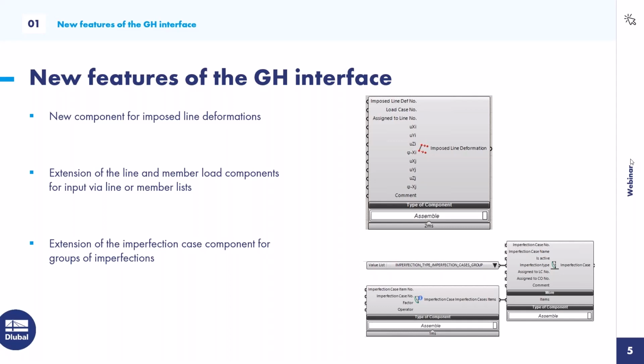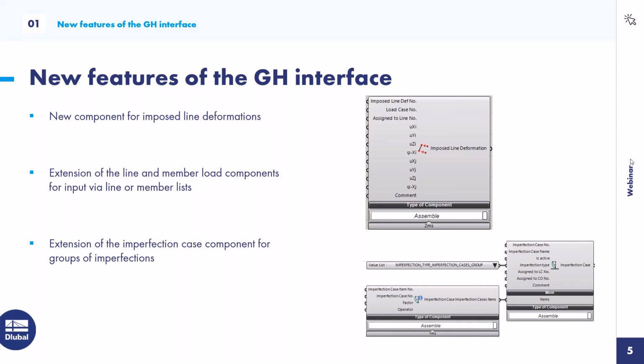The first feature that I want to introduce is a new component for the imposed line deformations. This was recently, I think 1 week ago, implemented. Additionally, the extension of the line and member load component with the input for line and member lists.